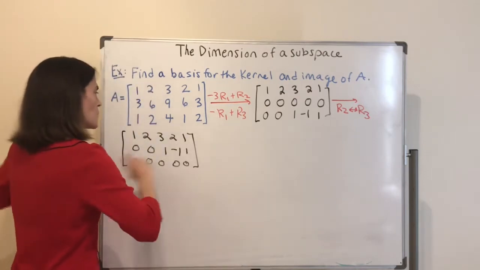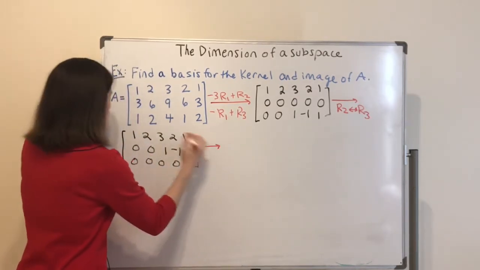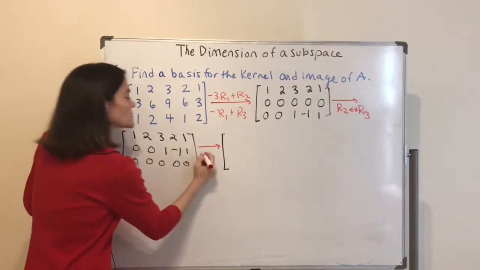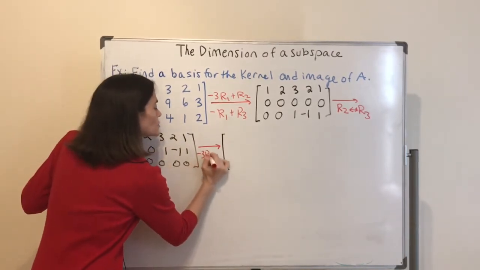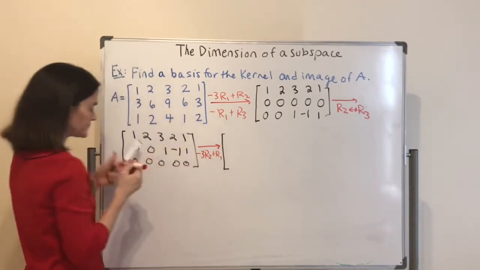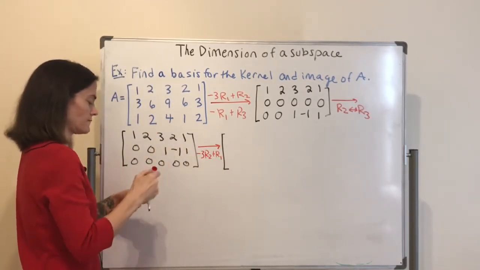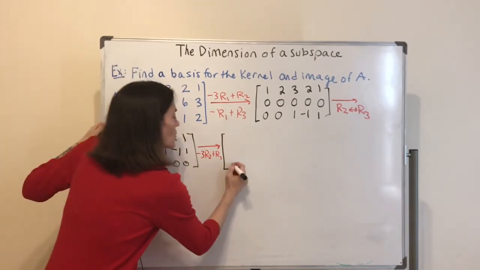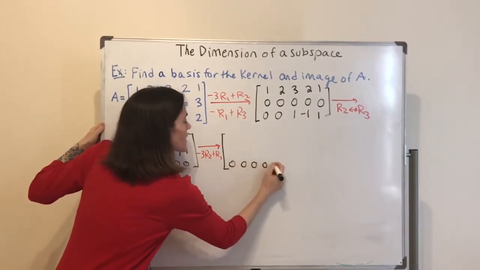So there will just be one more step here where I take -3, row 2, add it to row 1. Oh, I flipped the colors of my caps. Row 3 remains 5 zeros.